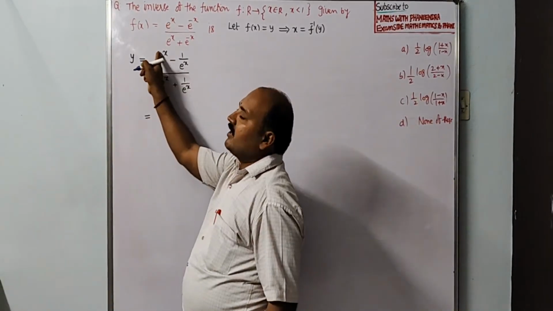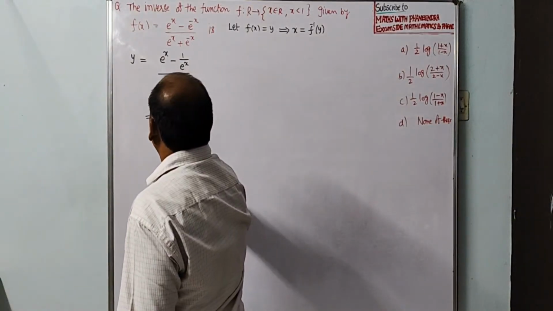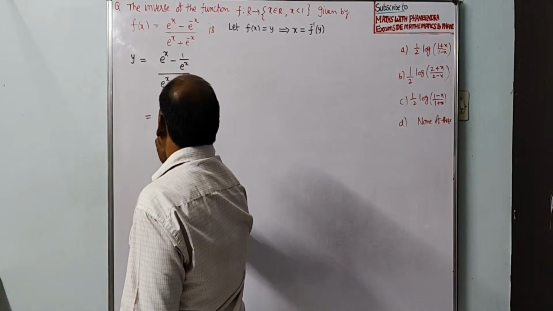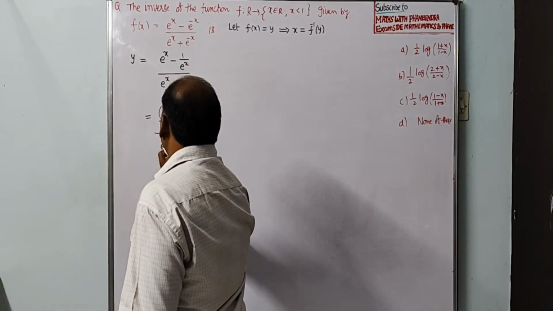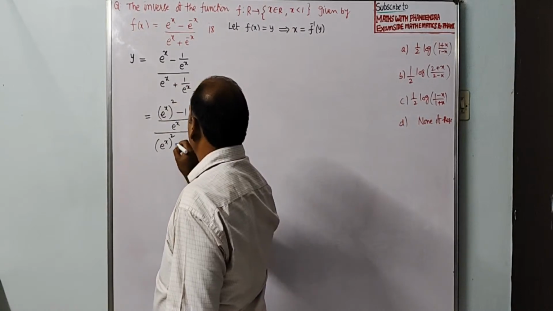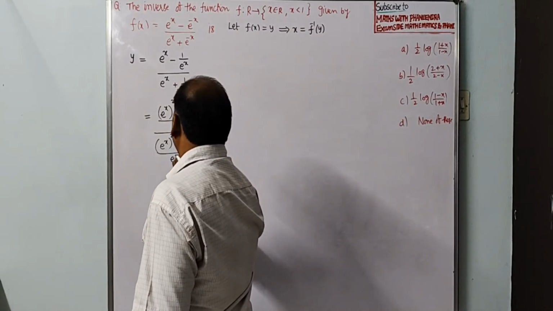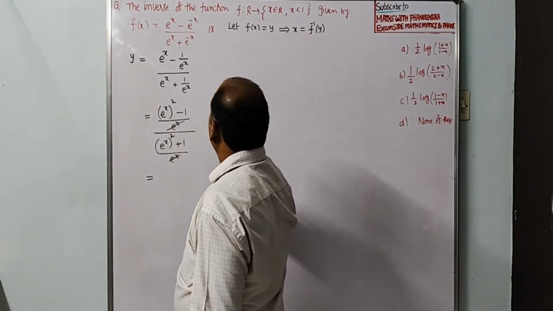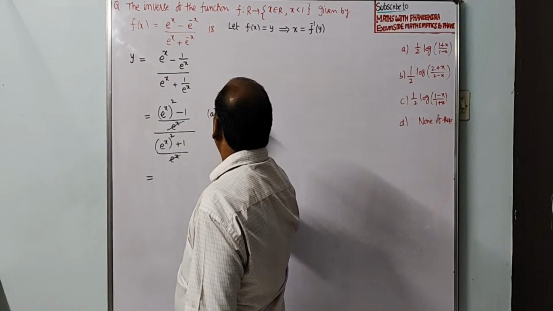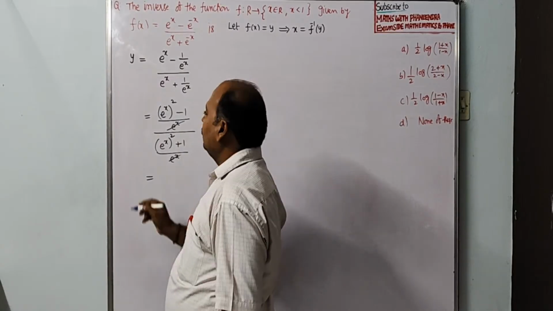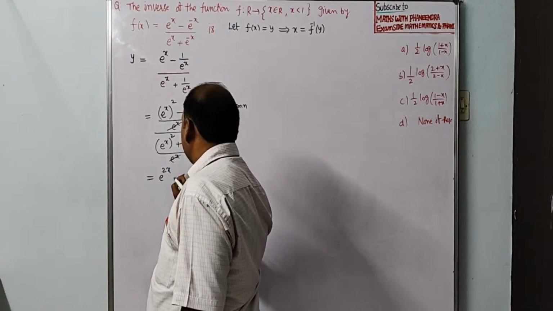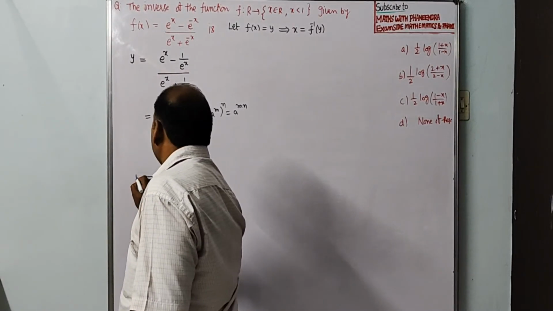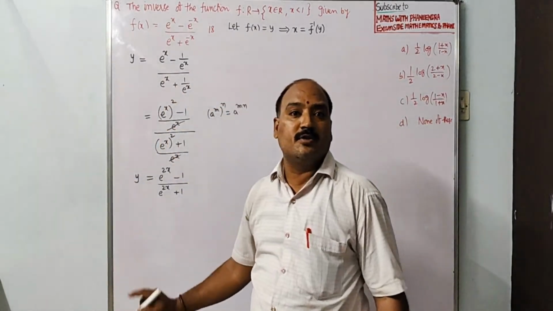Take LCM: ((e power x) whole squared minus 1) divided by ((e power x) whole squared plus 1), using (a power m) whole power n equals a power mn. So y equals (e power 2x minus 1) divided by (e power 2x plus 1). This is the value of y, dear students.